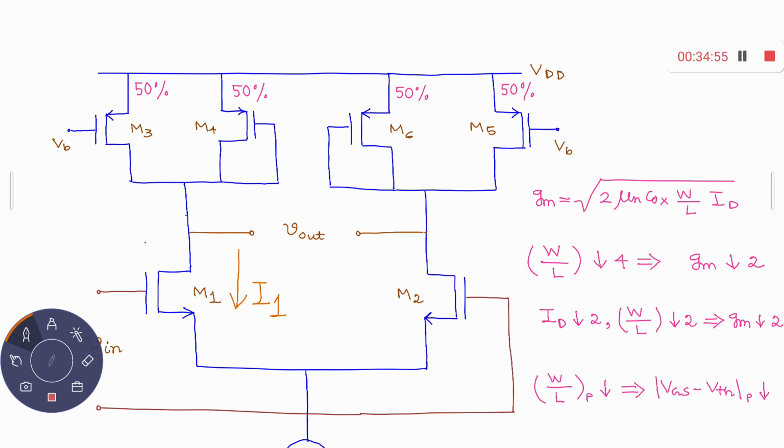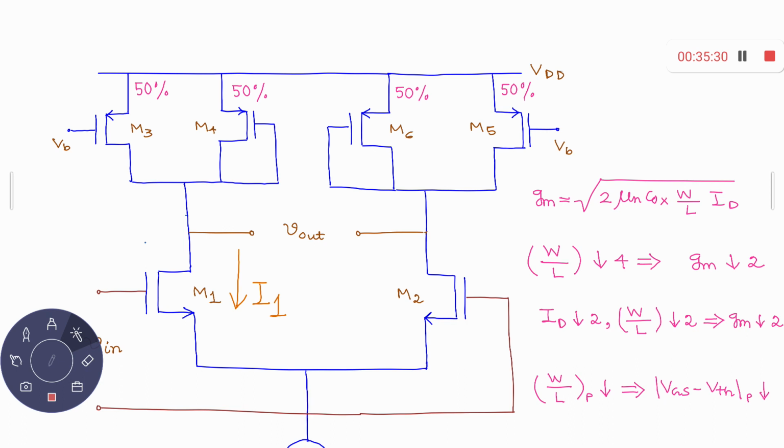No, you can have different percentages. You can have 50%, 50%. That depends on what bias you have provided for it. This is acting as a current source, so you know what the total current here is.